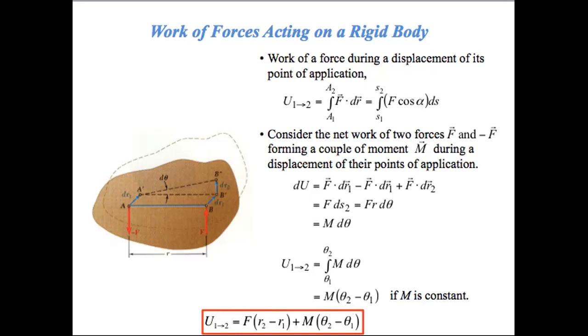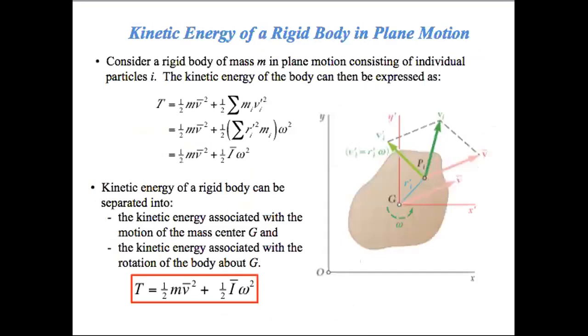Now we have to find the kinetic energy of a rigid body in plane motion. Consider a rigid body of mass m in plane motion consisting of individual particles i. The kinetic energy of the body can then be expressed as T equals 1/2 m times v squared plus 1/2 summation of mass times v squared. Instead of v squared, we can write r times angular velocity, r omega.